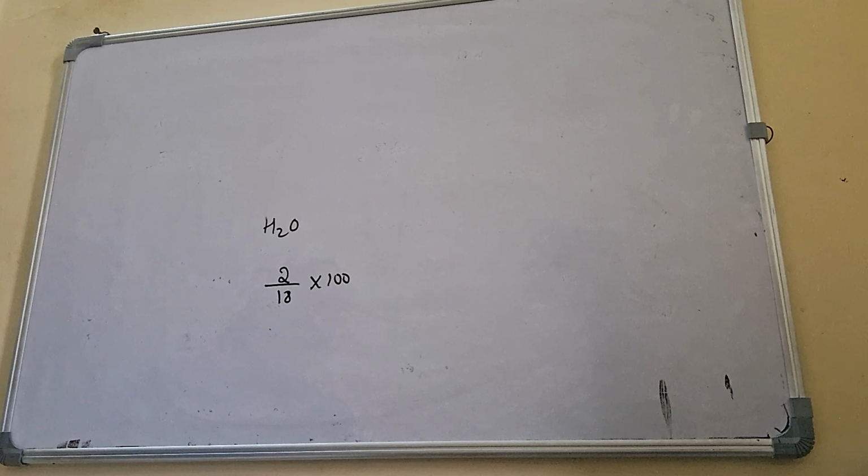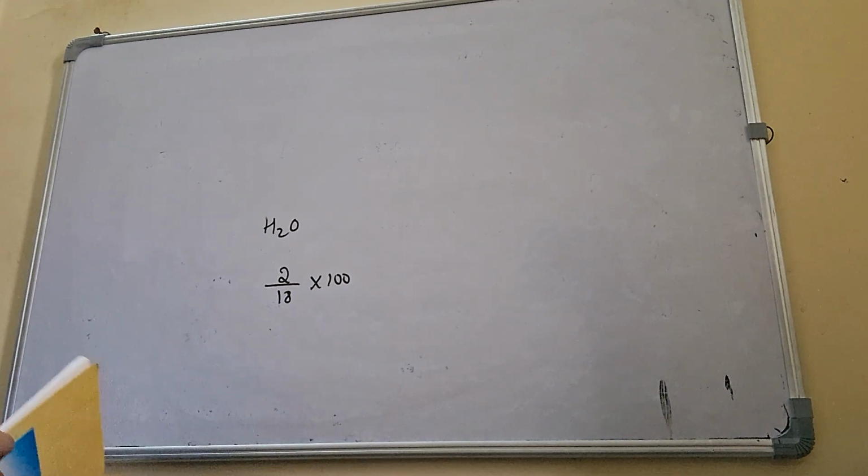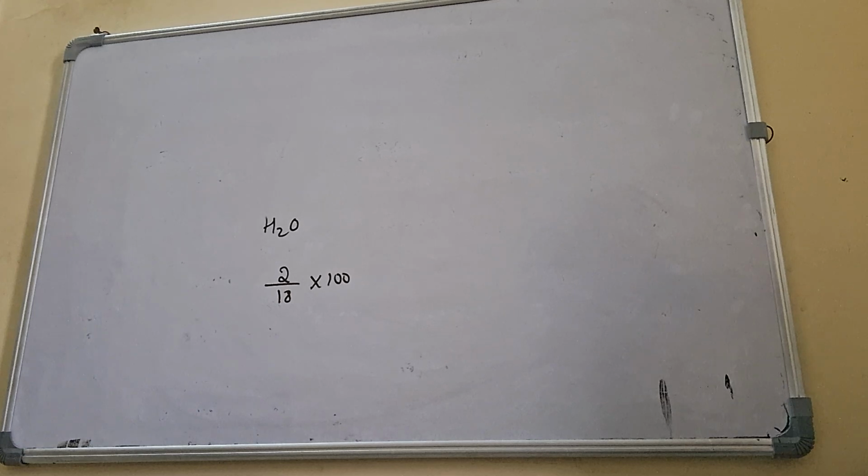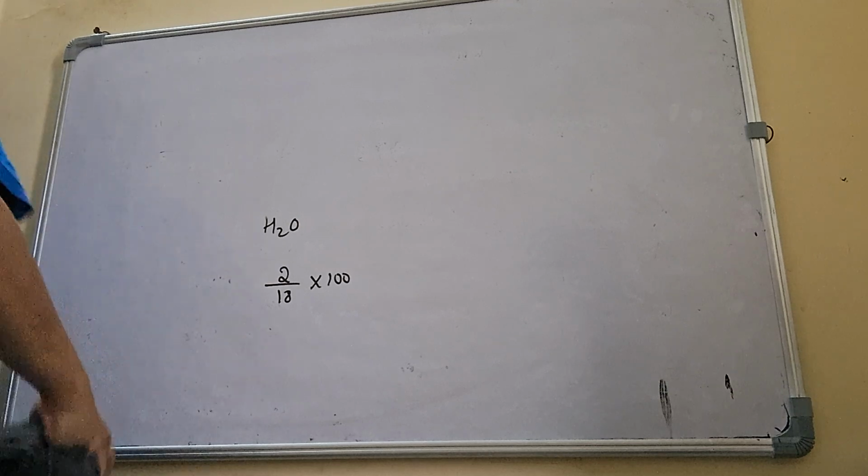The mass of hydrogen present in the compound, and then you divide by the total mass of that particular compound, multiply by 100 to express it as a percentage. Alright, similarly, once we understand that this compound contains these elements, we have to know the percentage composition, and that is what we are going to understand here.